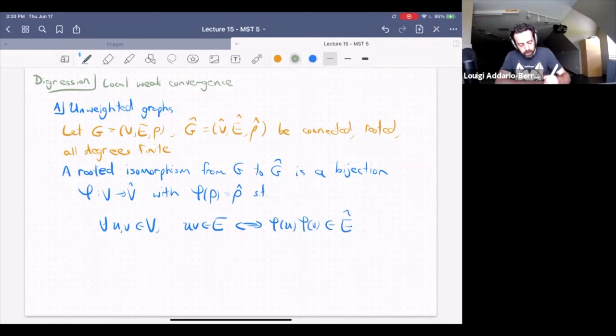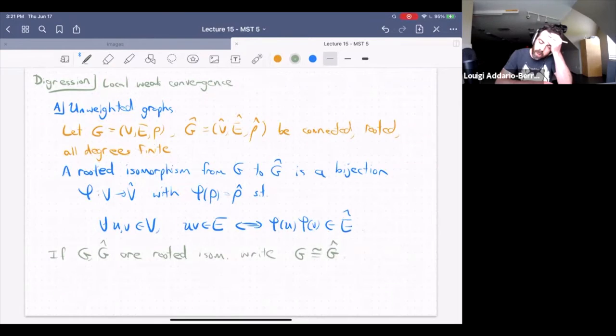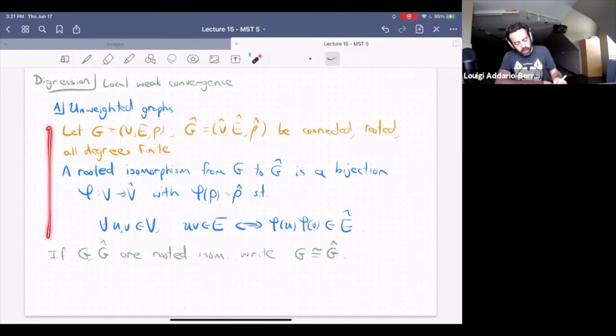Okay. So if G and G hat are rooted isomorphic, then we denote that G is equivalent to G hat. Now the only thing this is saying is that for our sense of convergence, we're really not going to be caring about labels. So we're only going to consider graphs up to rooted isomorphism.